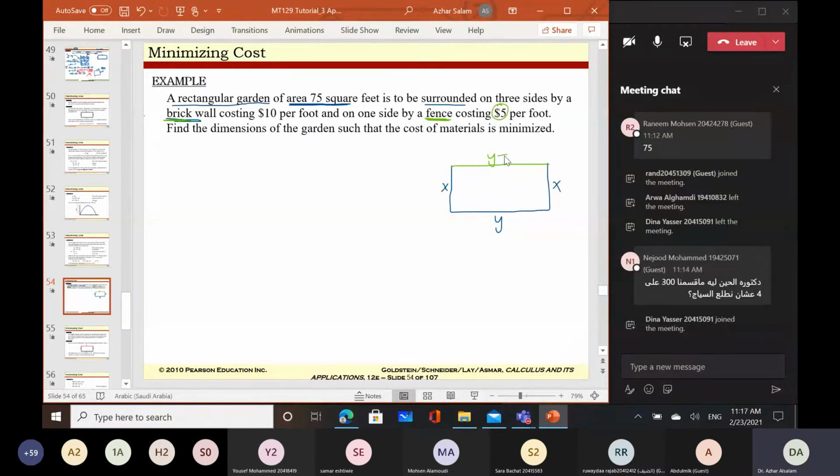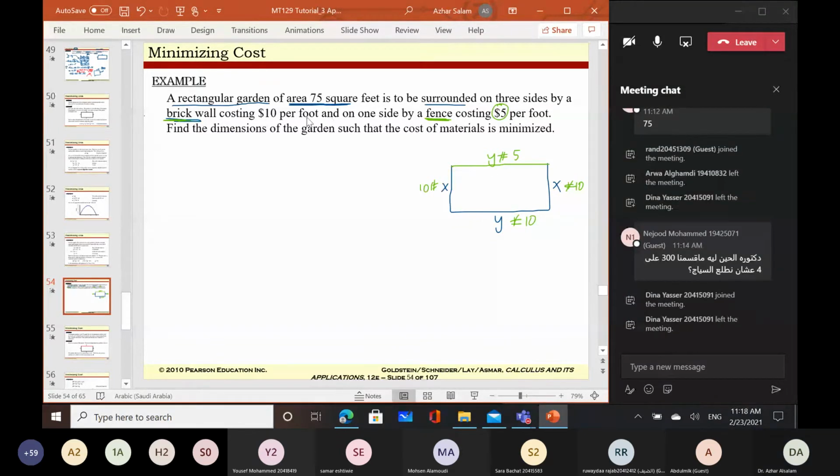So this costs $5 and this costs 10 and this costs 10. Okay.